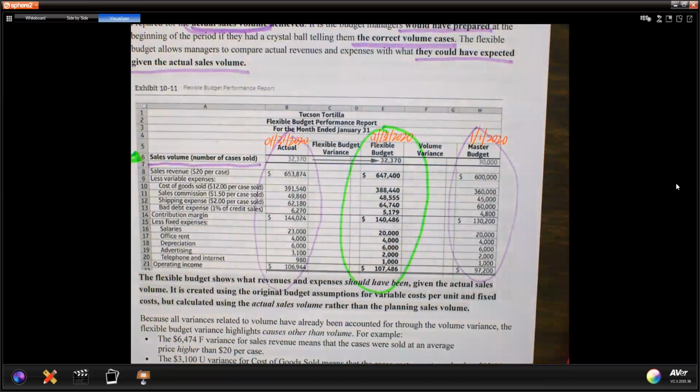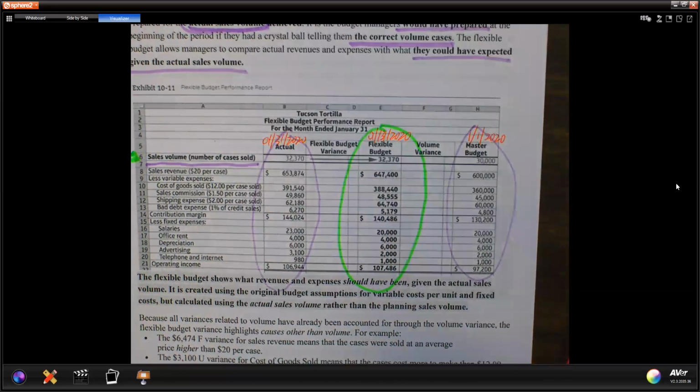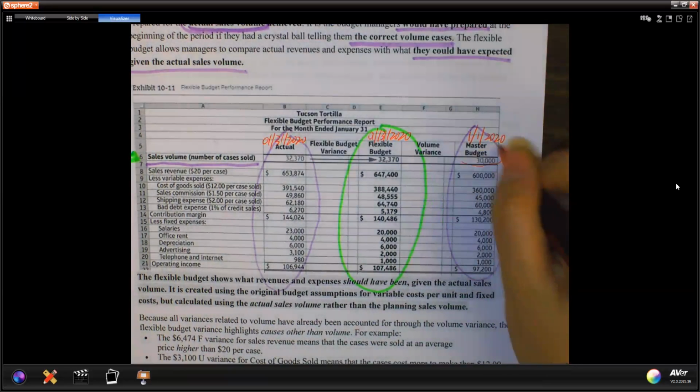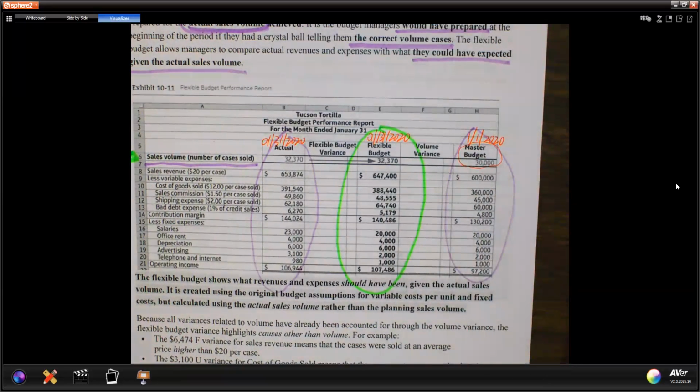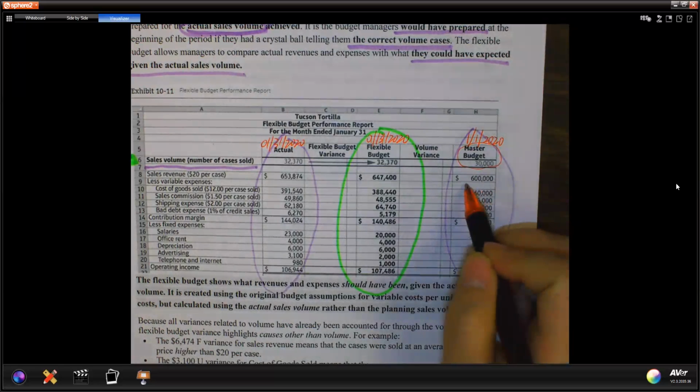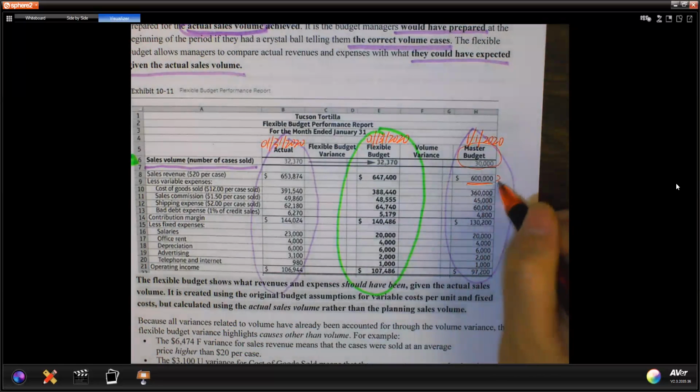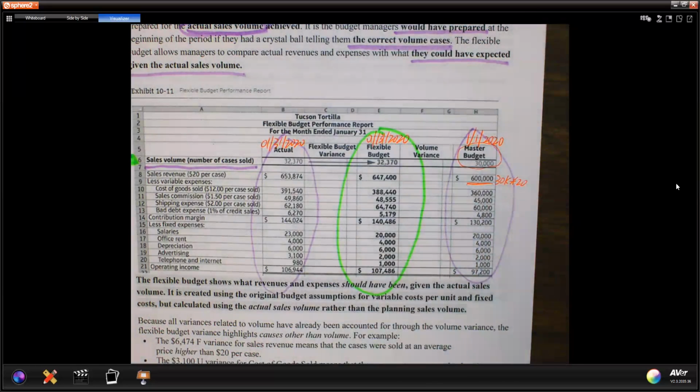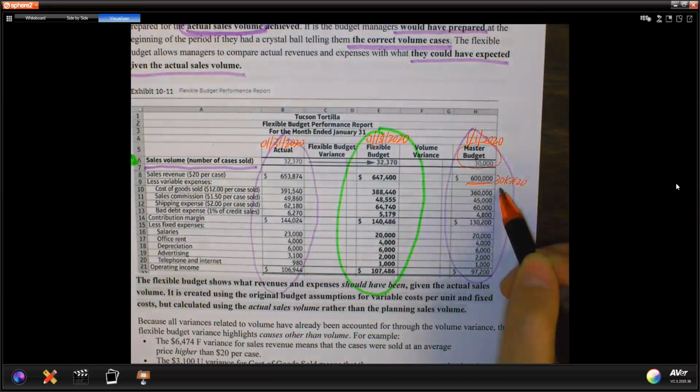So your master budget is everything about your budget. You thought you will sell 30,000 units at the price of $20 each. So you got this 600,000. It's your budgeted units times your budgeted price.